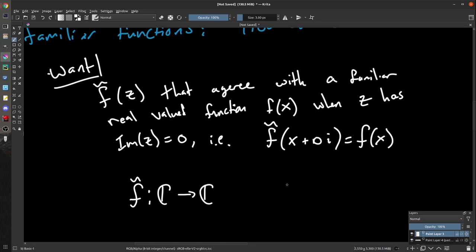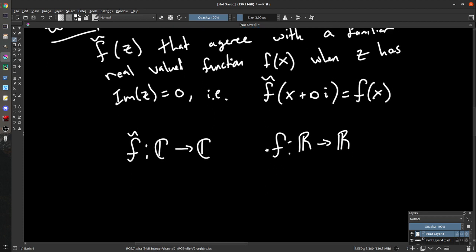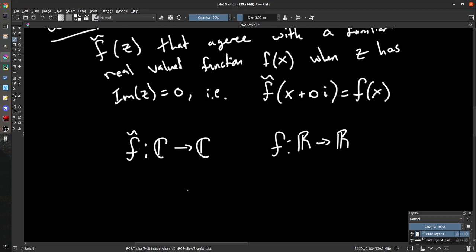And we have functions f from R to R such that the embedding iota, we'll call it, from R into C, where iota of x is equal to x, since every real number is also a complex number, right?